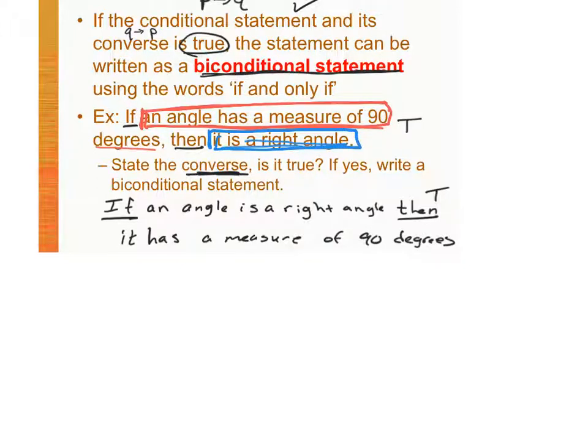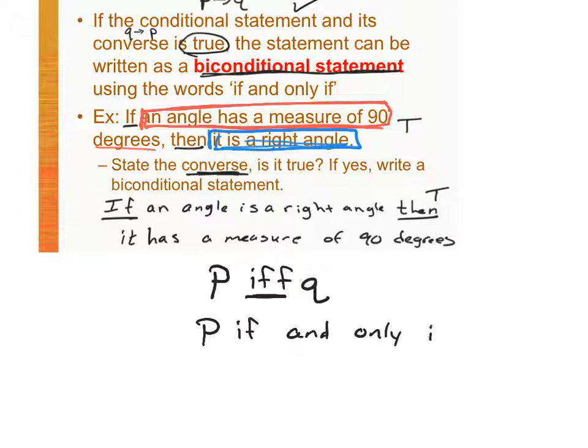So I'm going to rewrite it like this: P iff Q. This iff is like the word if, but with two F's, it means if and only if. I could also write it like this: P if and only if Q.